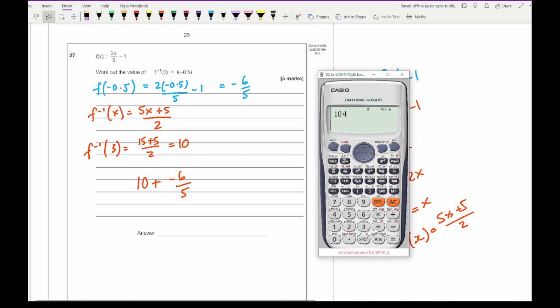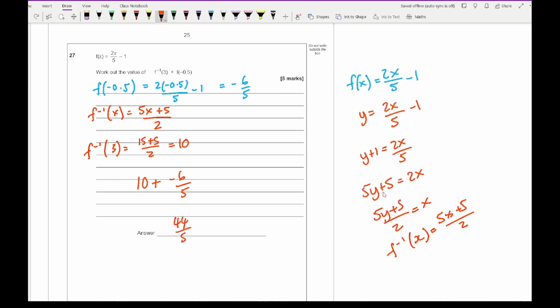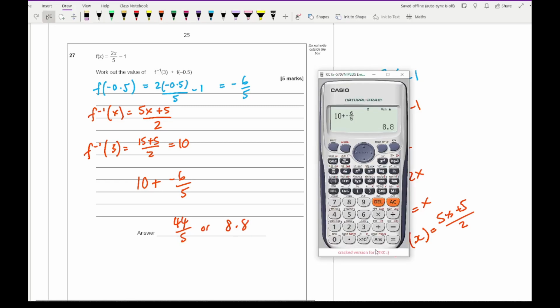So I've got 10 plus minus 6 over 5, which gives me an answer of 44 over 5, or 8.8. Let me just double check to make sure that that was correct. Yes, it is. And there is our completed paper.